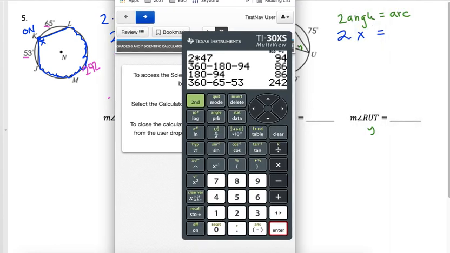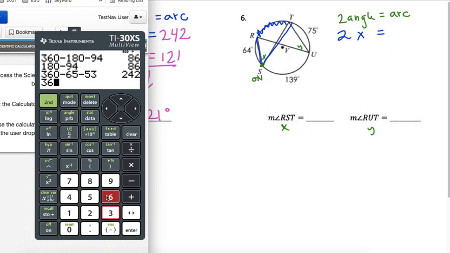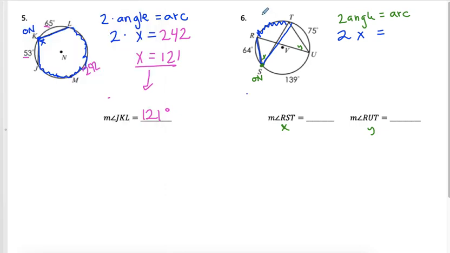So going back to my calculator, I can find that by subtracting all the pieces I have, 64, 139, and 75, getting 82 degrees here. So the arc R to T is going to be 82 degrees. Divide both sides. 8 divided by 2, 1 divided by 2. This is going to give us 41 degrees.